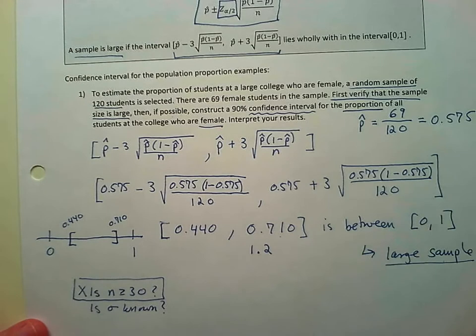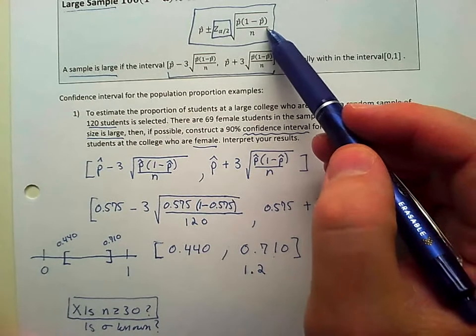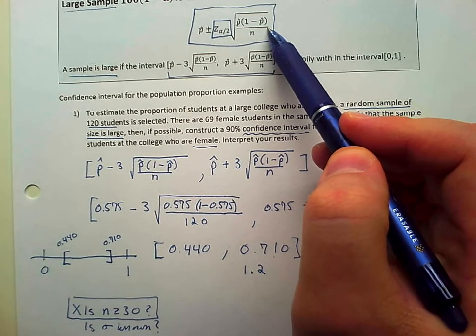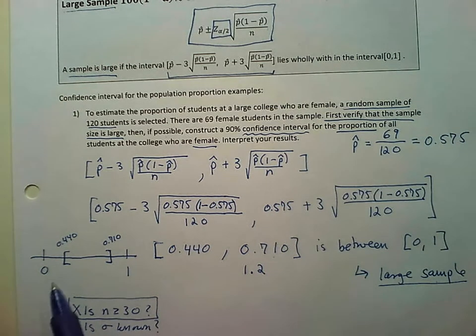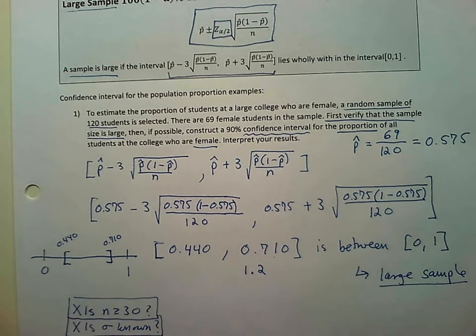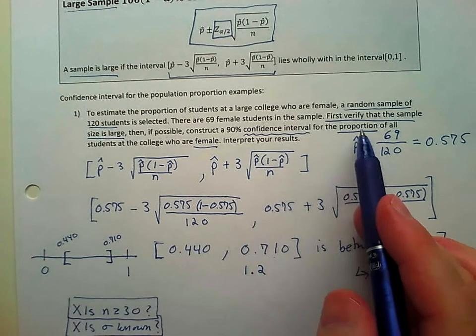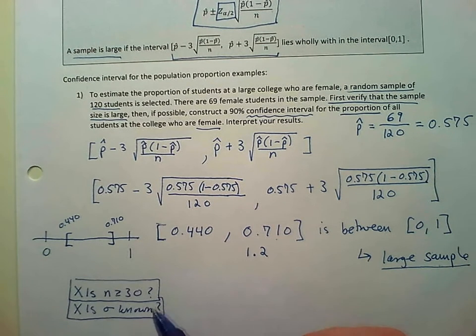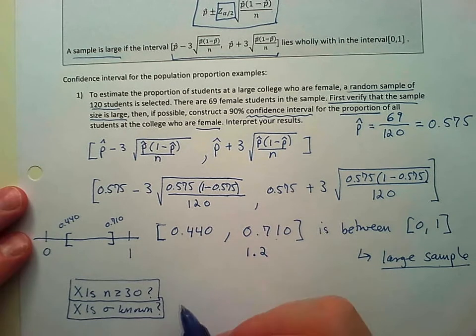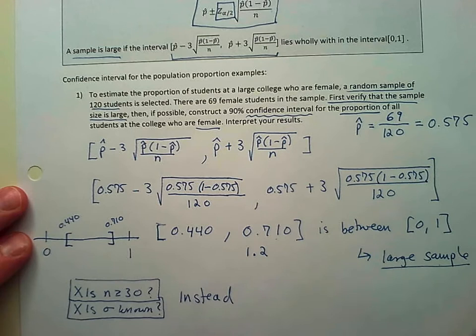However, if we look at the confidence interval formula for proportions, nowhere in here do we ever use sigma or s. So therefore, asking this second question is pointless. So when it comes to calculating out confidence intervals for proportions, we do not have to ask these two questions.